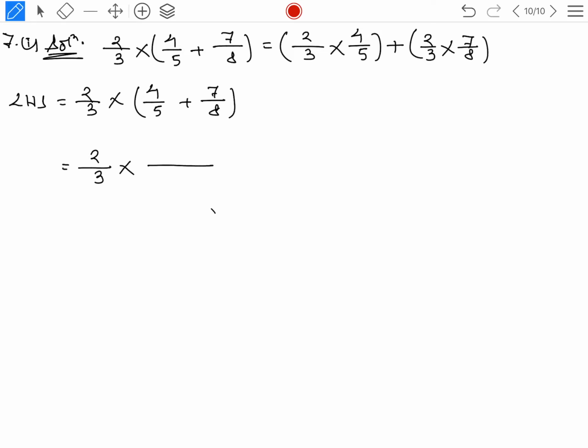Okay, so 2 by 3 into, what will be the LCM of 5 and 8? 5 and 8 LCM will be 40. Okay, so 5 8s are 40, so here we get 4 into 8. Then plus 8 5s are 40, so 7 into 5. Understood?